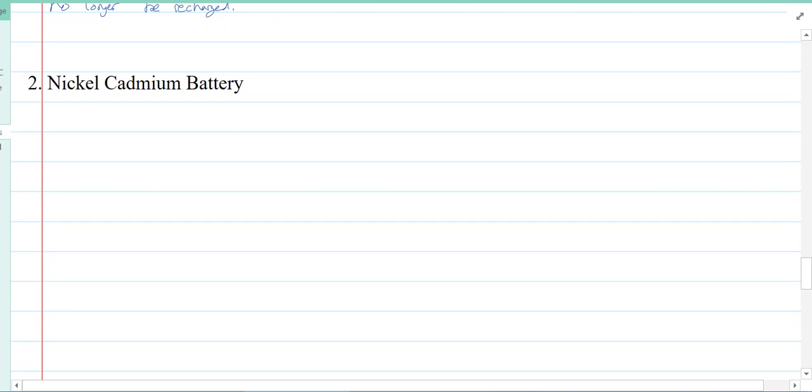Next one is nickel cadmium. These were fun. The anode was cadmium plus 2 hydroxide going to Cd(OH)2 plus 2 electrons.